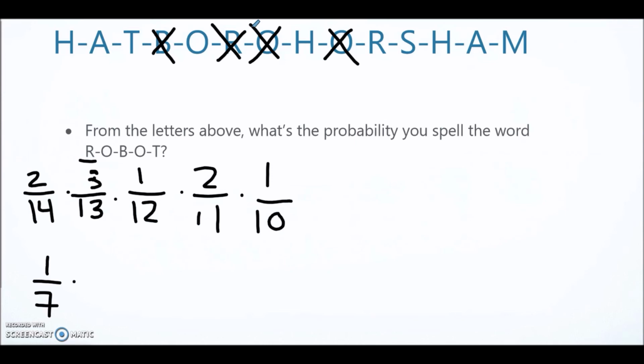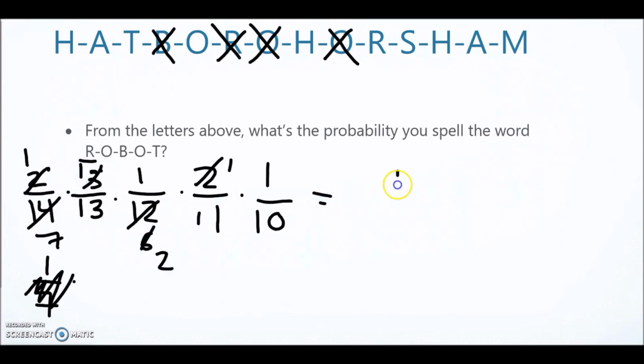We can multiply straight across. We could do some reducing if we want. For instance, this 2 and that 12 can become a 6 and a 1. And this 2 and that 14 become a 7 and a 1. And this 3 and that 6 can become a 1 and a 2.